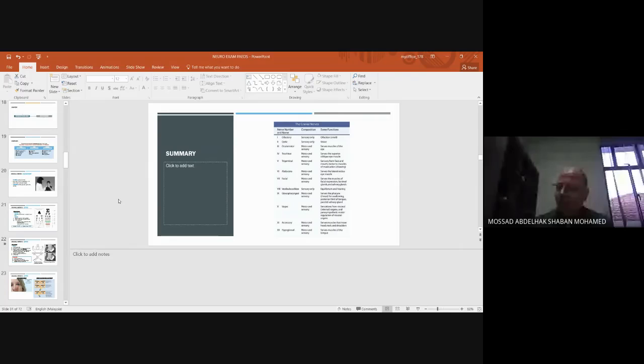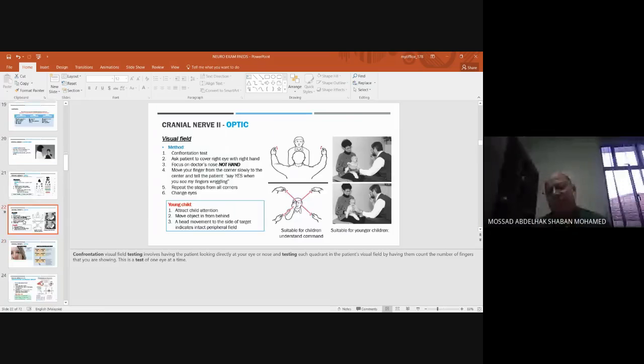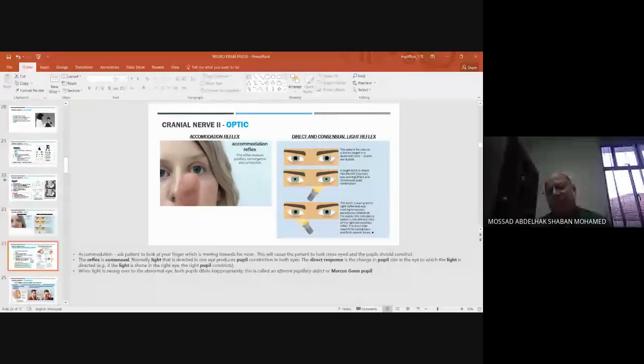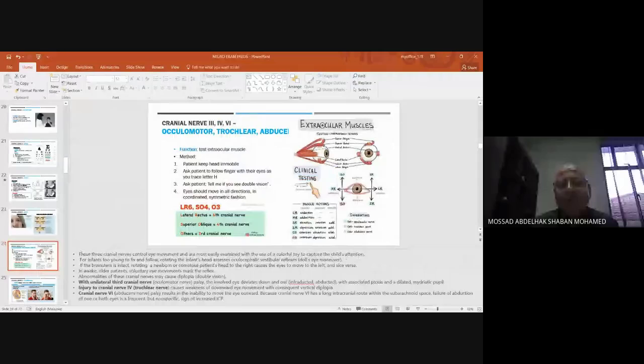Number one, you didn't touch on squint and nystagmus. You need one slide for it. We can give a general classification of the type of squint: iso, exo, divergent or convergent. Okay, this is number one.